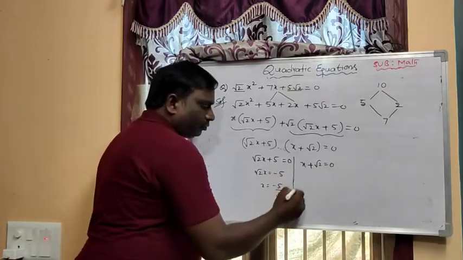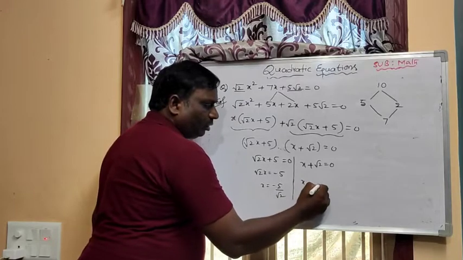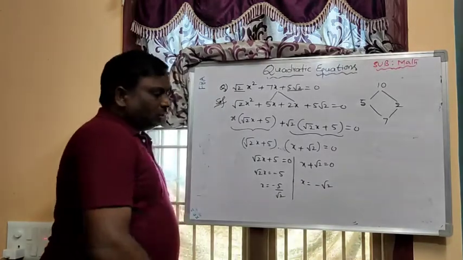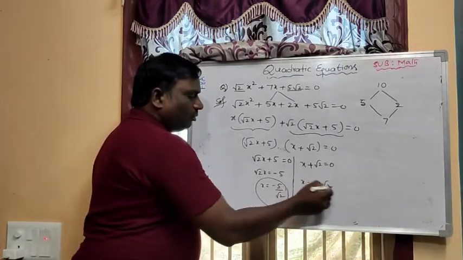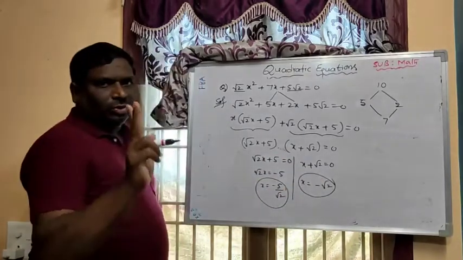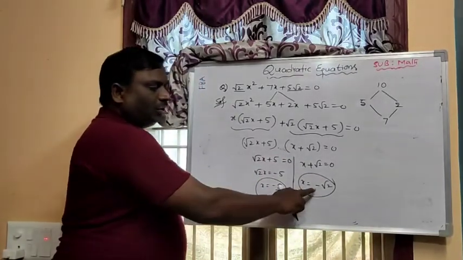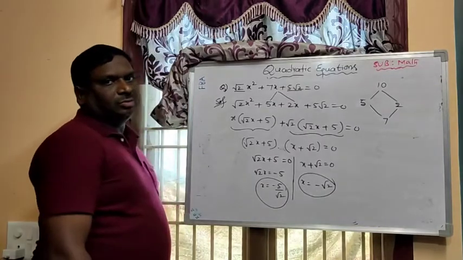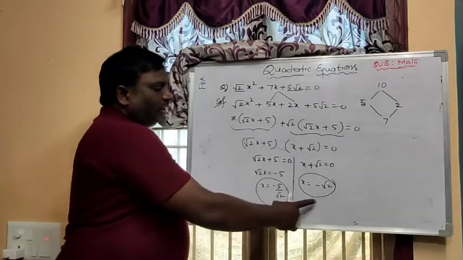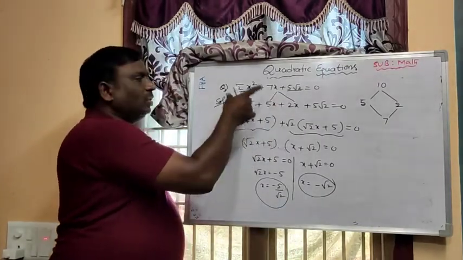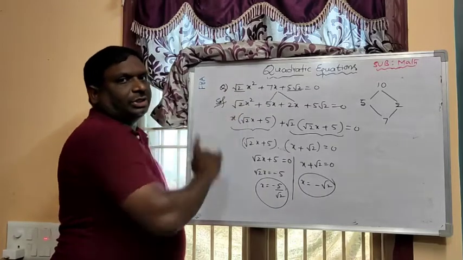So now here x equal to minus root 2. So for x, there are two solutions. One is minus 5 by root 2 and another one is minus root 2. When you get two solutions, those are the solutions of the quadratic equation.